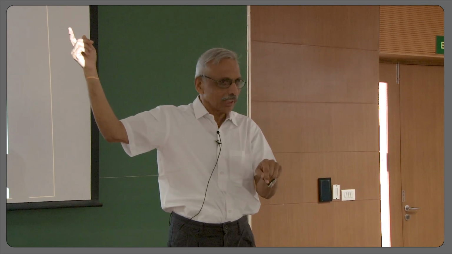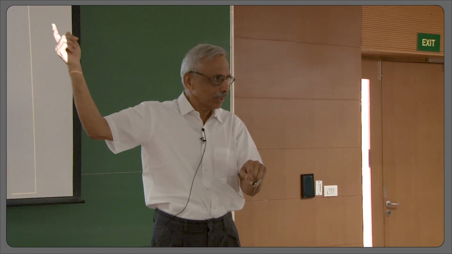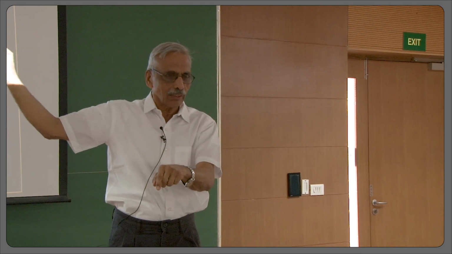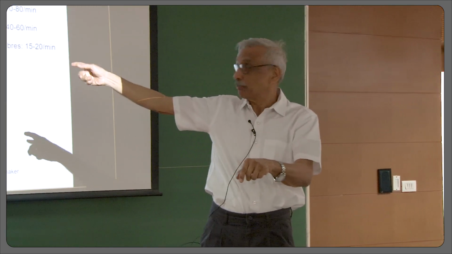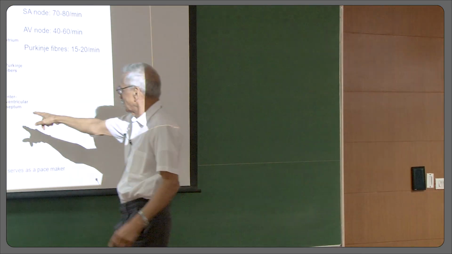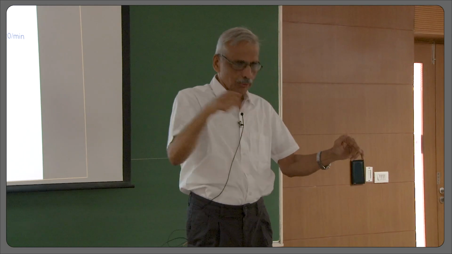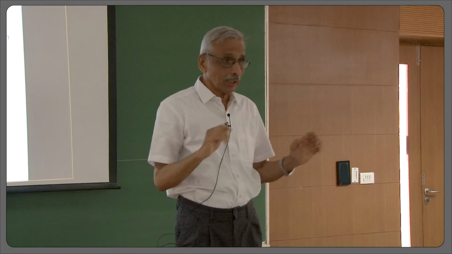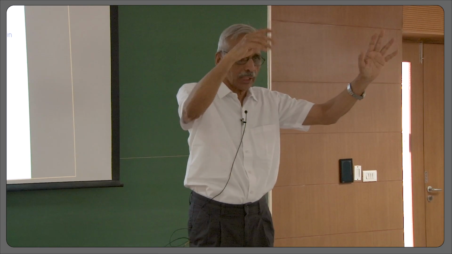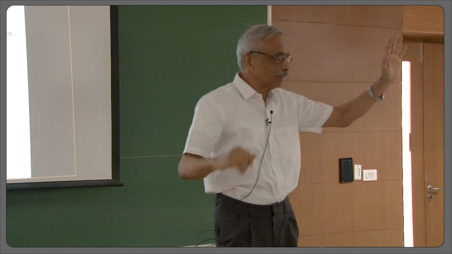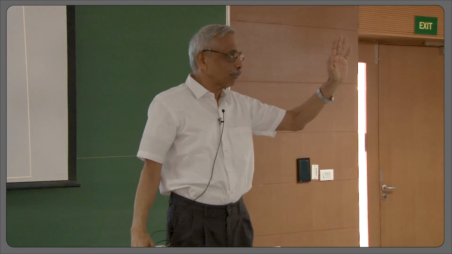Here I'll take a little bit of tissue from the AV node, and here I'll take a little from the Purkinje fiber, from this part. Same experiment. So I have 3 pieces in the physiological solution, and I'll put 3 electrodes in 1, 2, 3. Each system is connected to my oscilloscope, and I'm recording the frequency at which each is capable of firing.